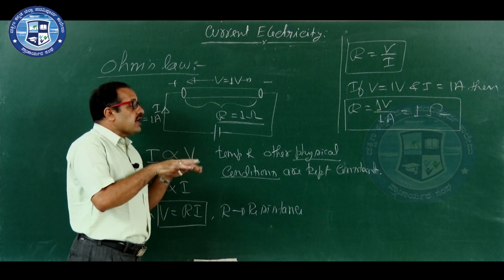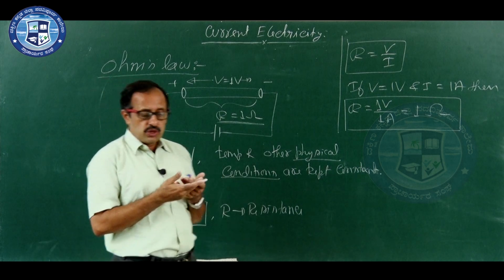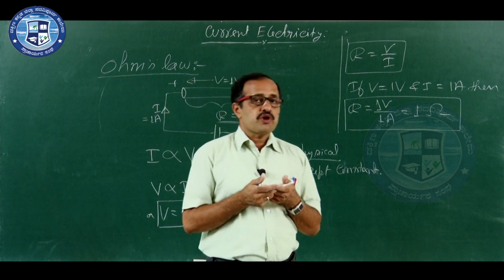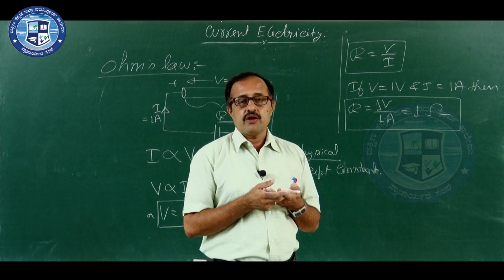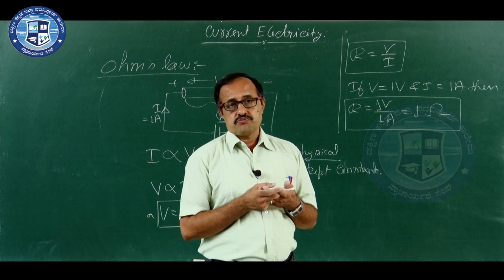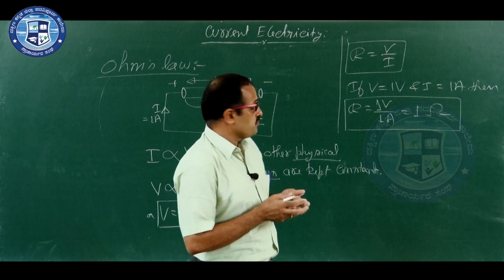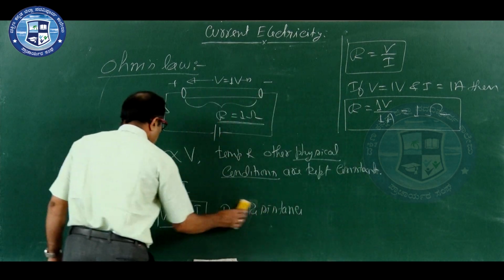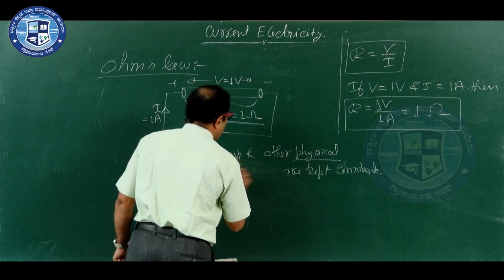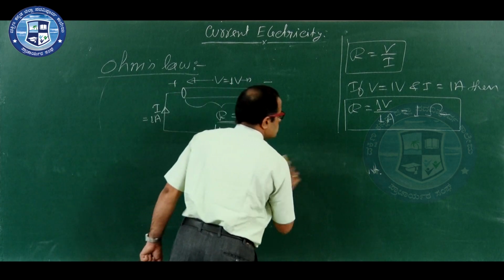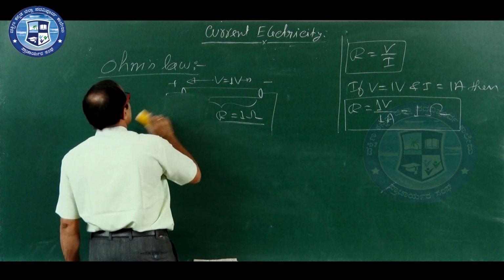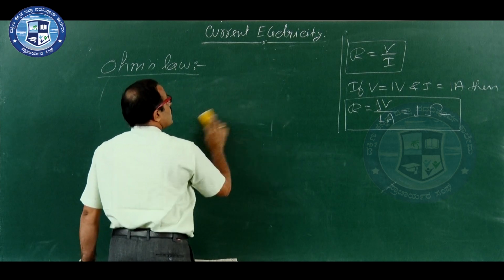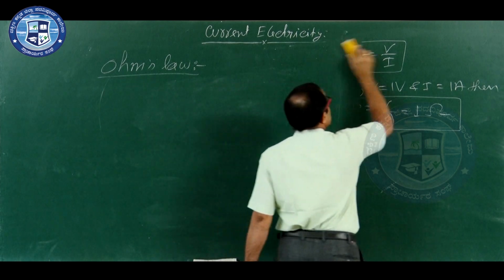Okay. What are the other limitations of Ohm's law? Because in exam you can expect even for 3 marks, and it is a very important question. Mention the limitations of Ohm's law. So, what are the other limitations? Ohm's law is applicable only for metals, remember. It is not applicable for electrolytic solutions.